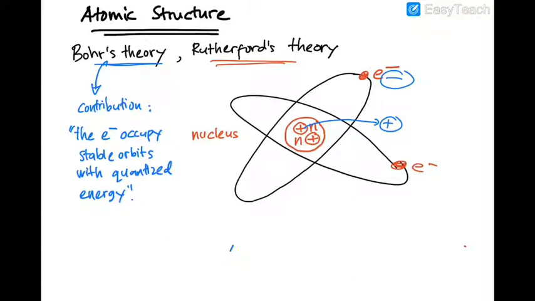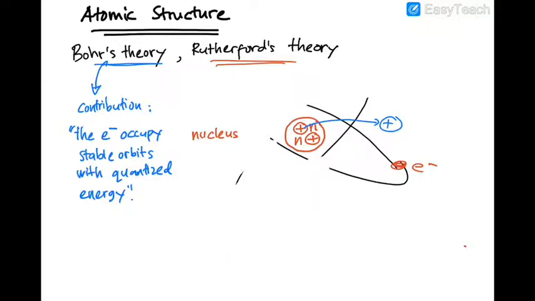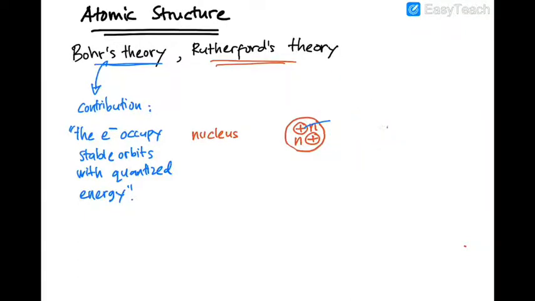Now, in this theory, we can first erase this. Based on Bohr's theory, now we can make a different model to propose how the atom should look like. Let me try to draw a shape here.